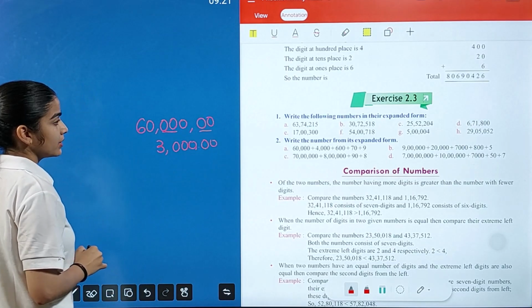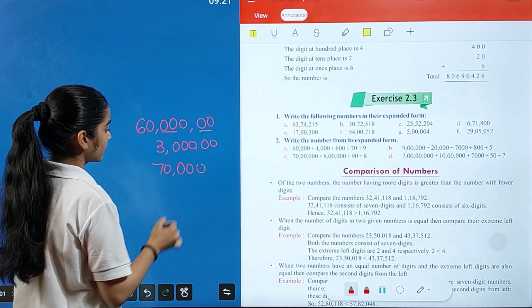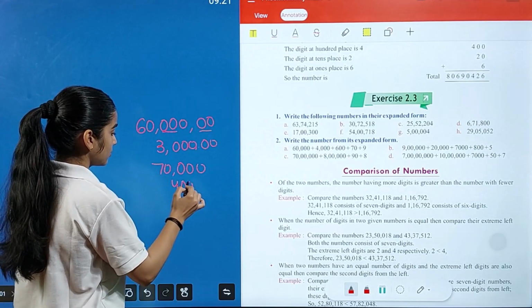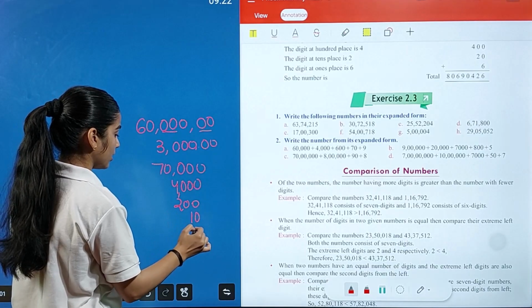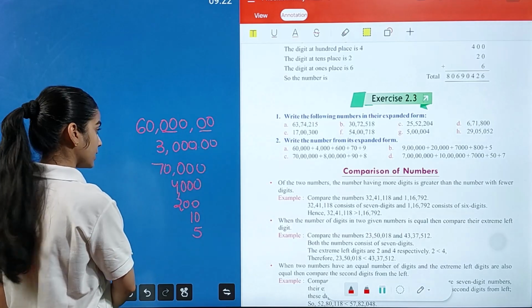After 3 lakh we have 70,000. After 70,000 we have 4,000. Then 200, then 10, and then 5. So this is the expanded form for your part A.